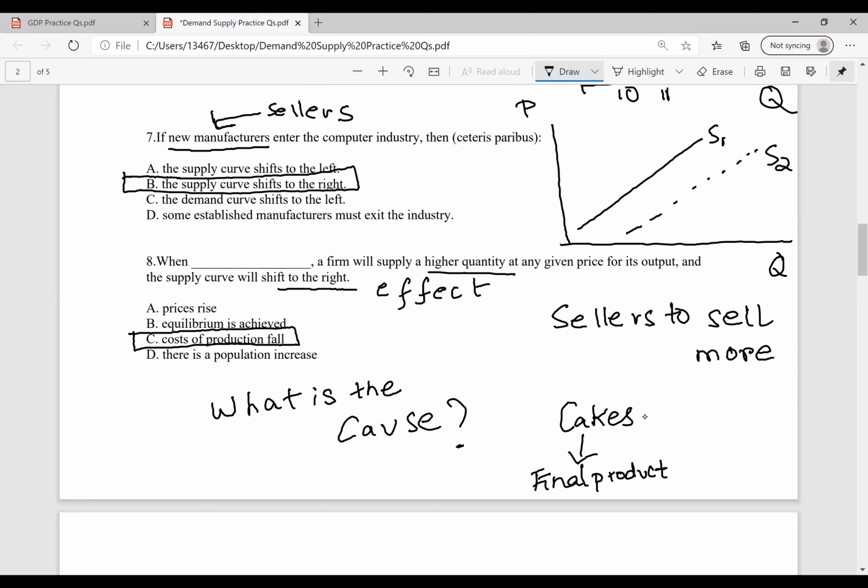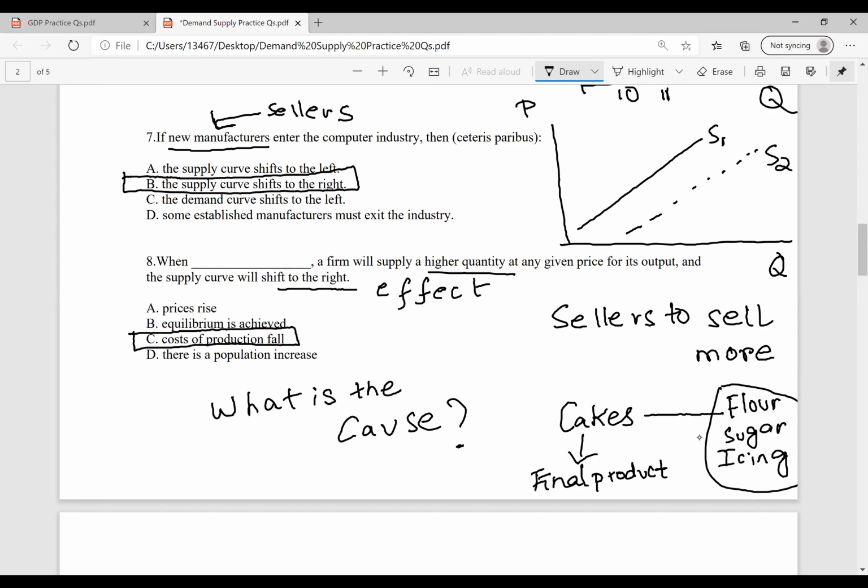And what goes in the production of cakes? You need flour, you need sugar, you need icing, you need milk. These are the ingredients which go in the production of cakes.